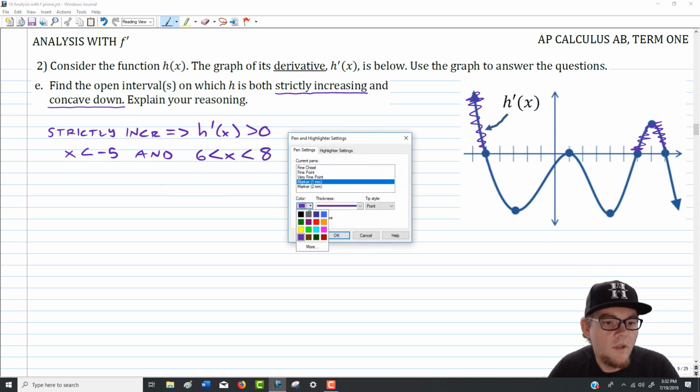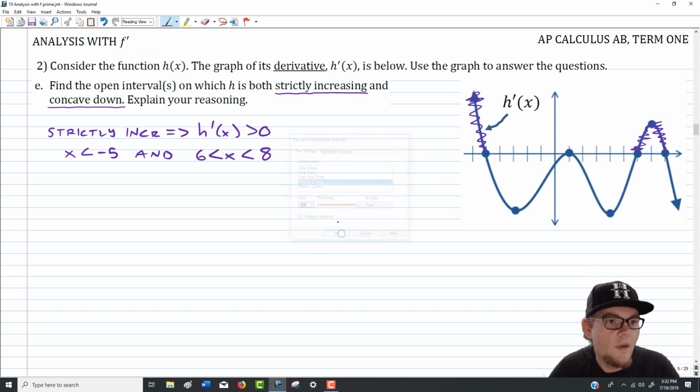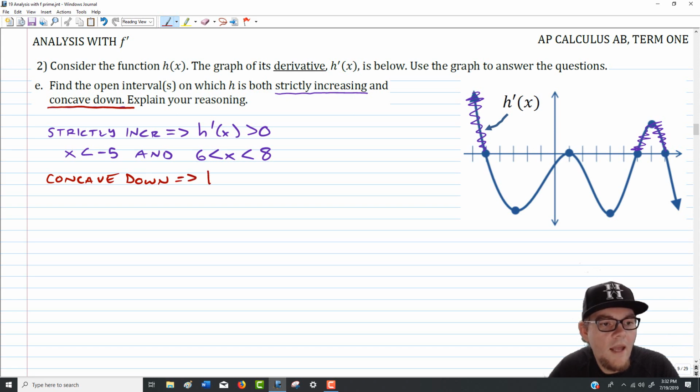Their second move would then be to look at the second property and to say, well, if we want to talk about concave down, we're going to have h be concave down when h prime of x, the tool that we have, is decreasing. Then from there you'd look at the picture and figure out where h prime of x is decreasing. So I'll do it this way.